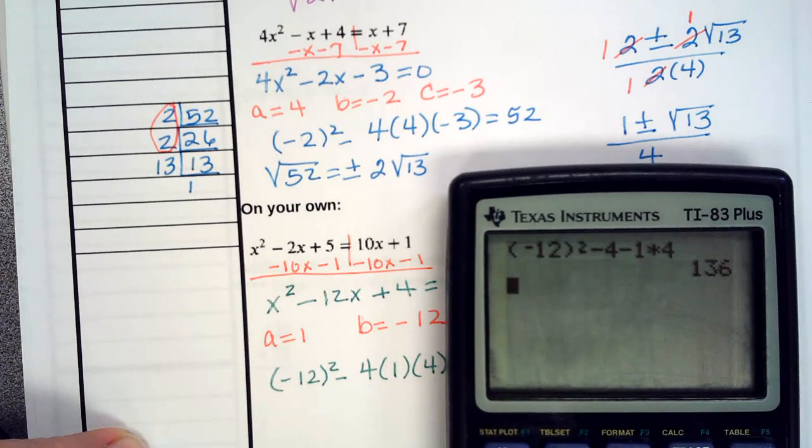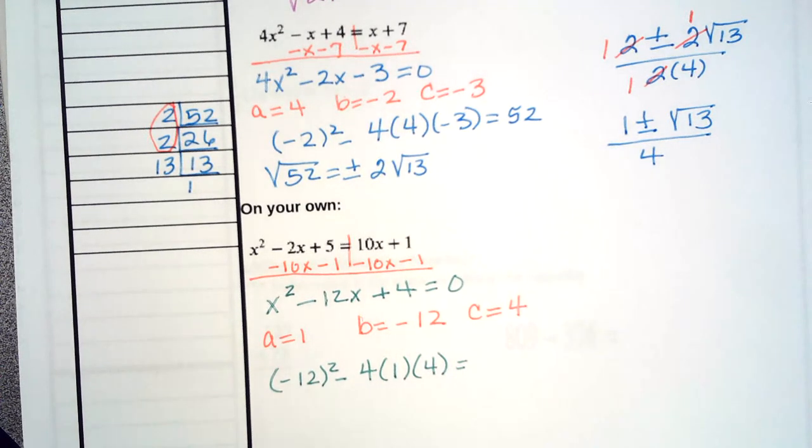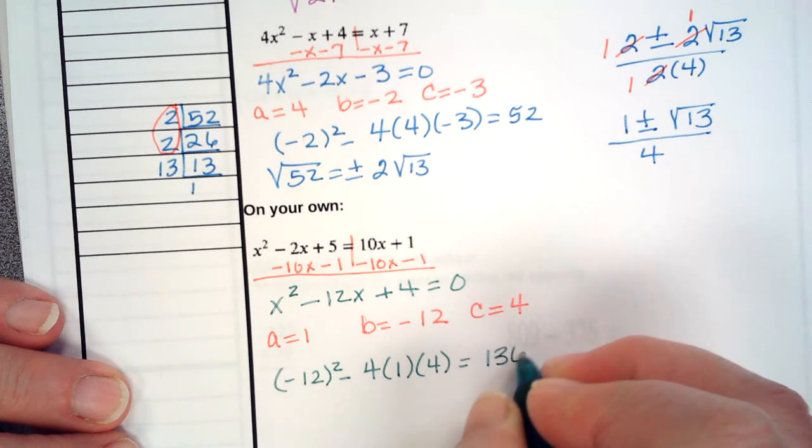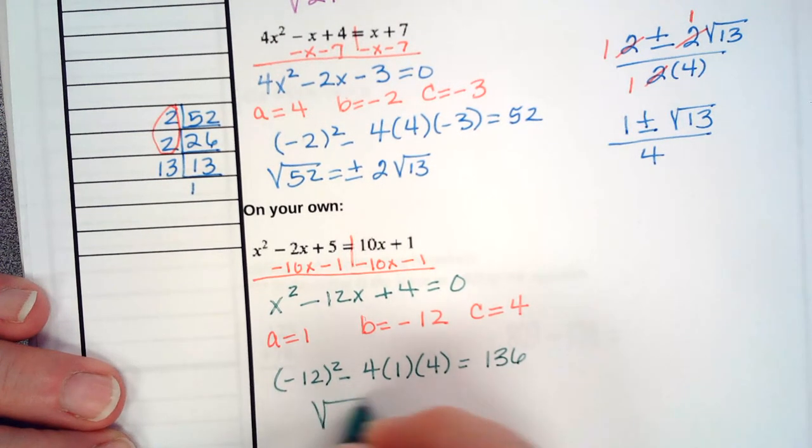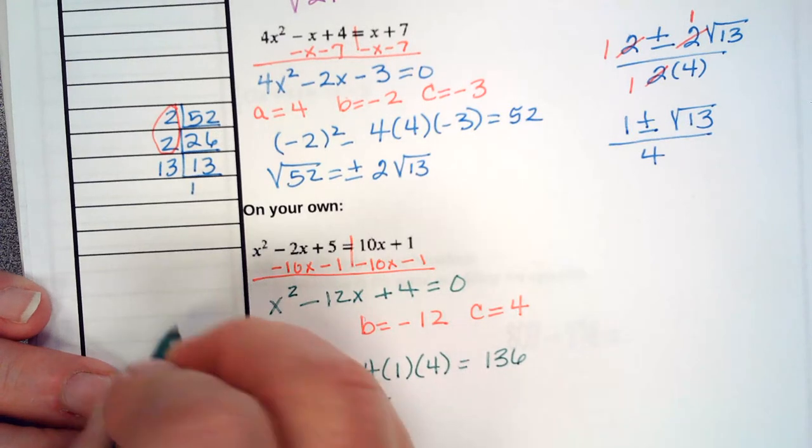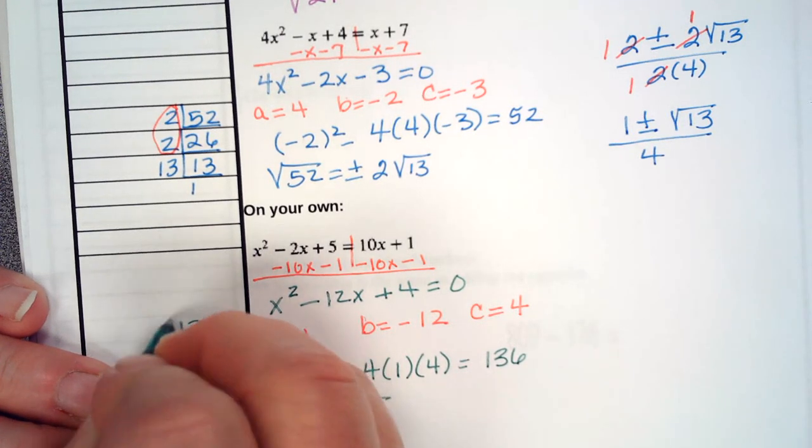Okay, I end up with 136. I need to take the square root of 136. 136 is even.